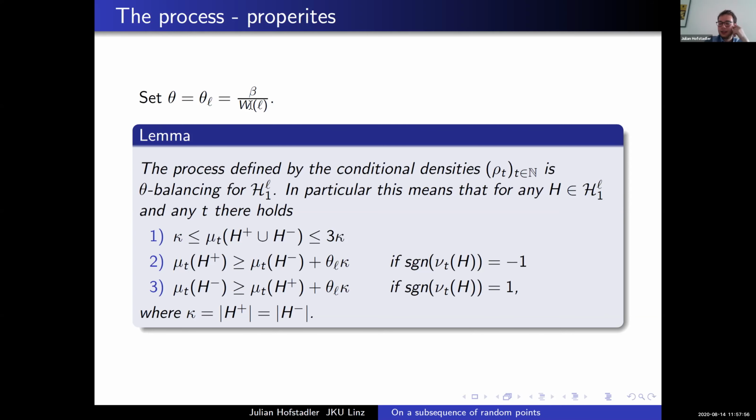Let me add one thing to what Mario just said. Also in this lemma, if you have a look at the proof, you can see it's balancing for all values which are smaller or equal to exactly this value, but not if they are larger. So this is also very sharp, and this comes exactly from this normalization.